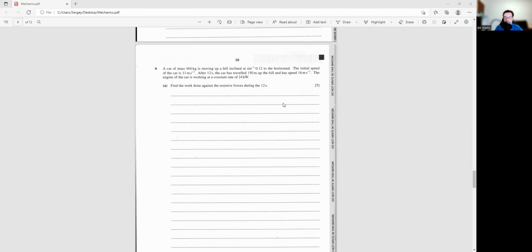Okay, so question A seems to be about energy, work, and power. Now, at this point, it shouldn't be surprising that I'm going to start with the diagram. So that's going to be the car.